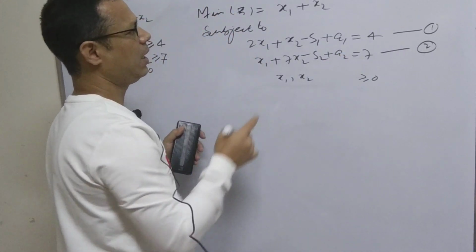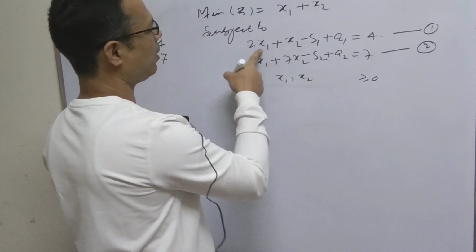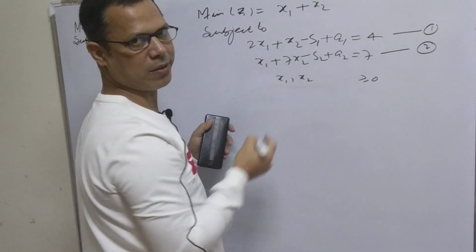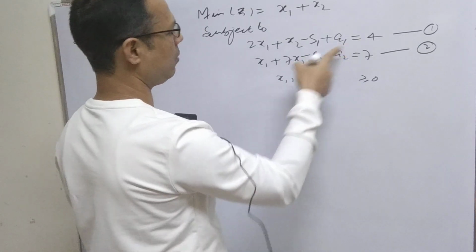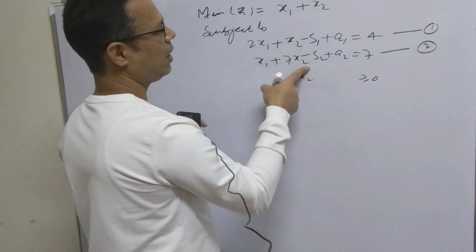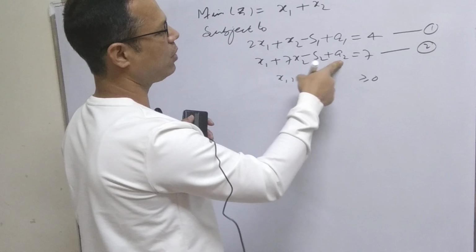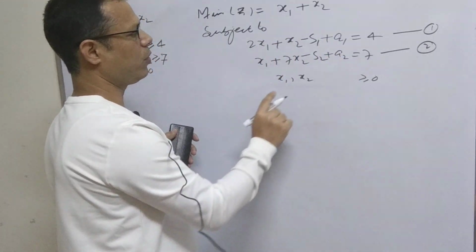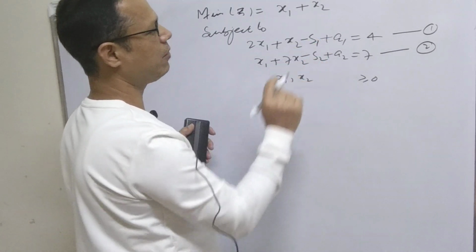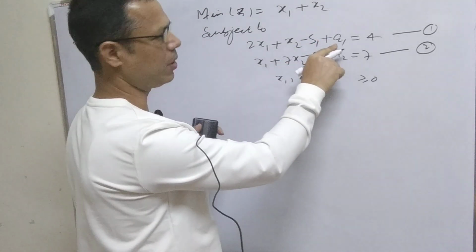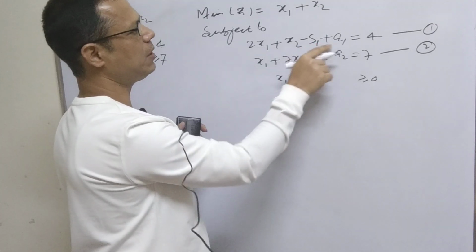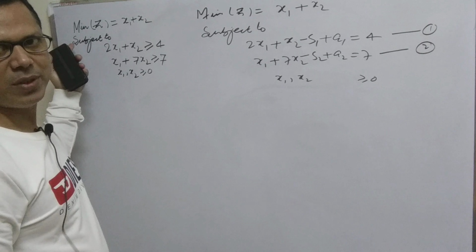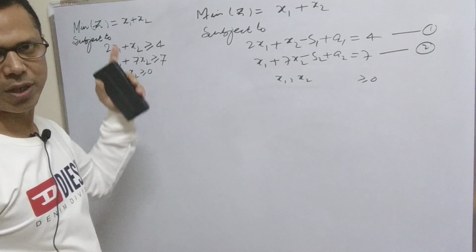Now if we put x1 and x2 as 0, then a1 will be positive, and similarly a2 will be positive. So to change these values from negative to positive, we just need to add another variable. This type of variable is called an artificial variable. So here we have introduced two new variables, the surplus variable and the artificial variable. But in maximization type problems, we go for the slack variable only.